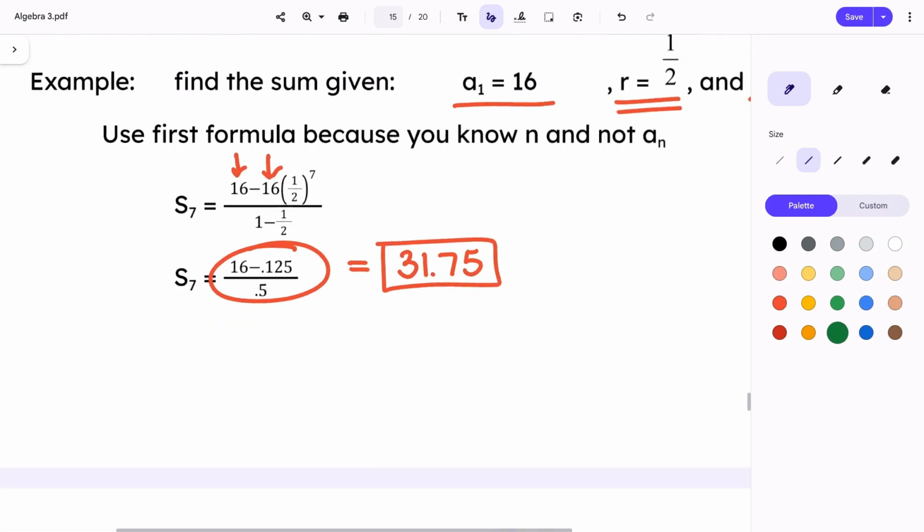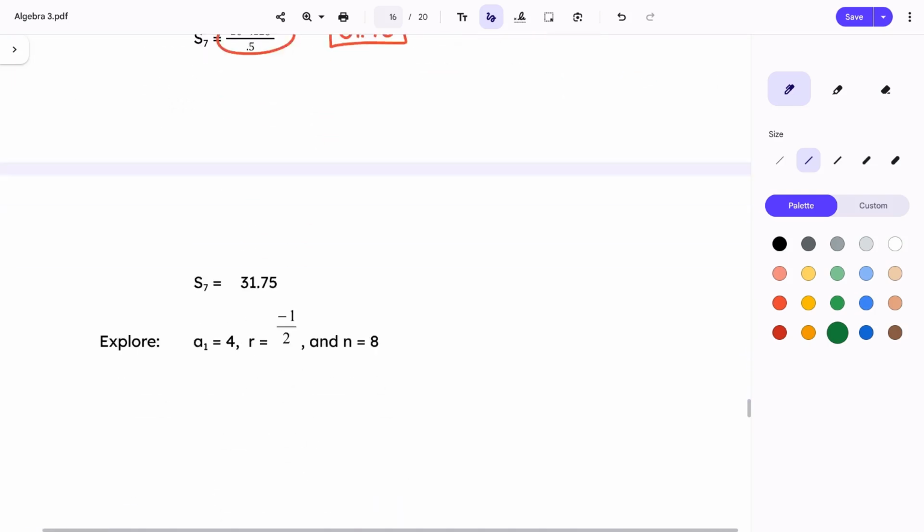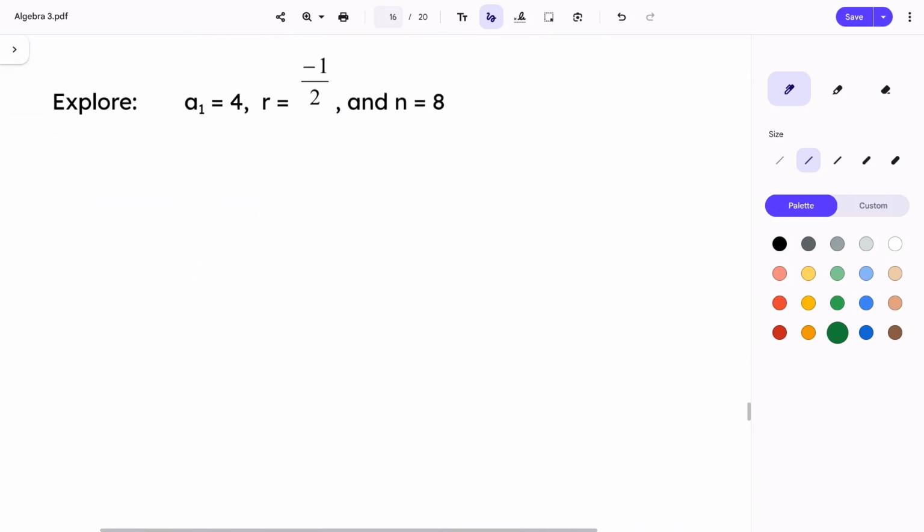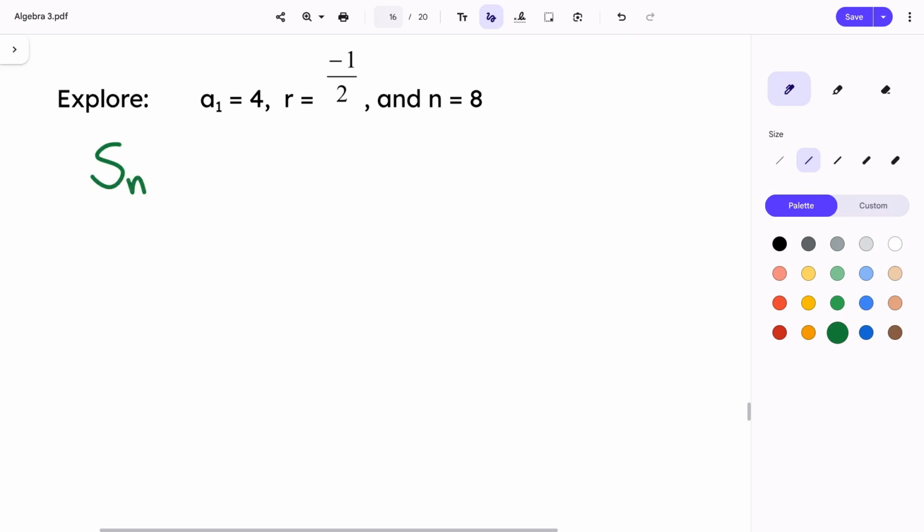Okay, so you guys try one on your own. Same formula. I'm just going to write that formula out again here. Okay, you plug in the pieces and try to figure this one out.